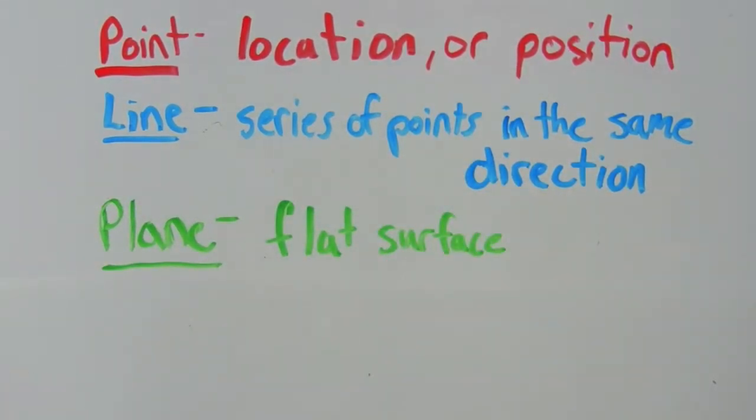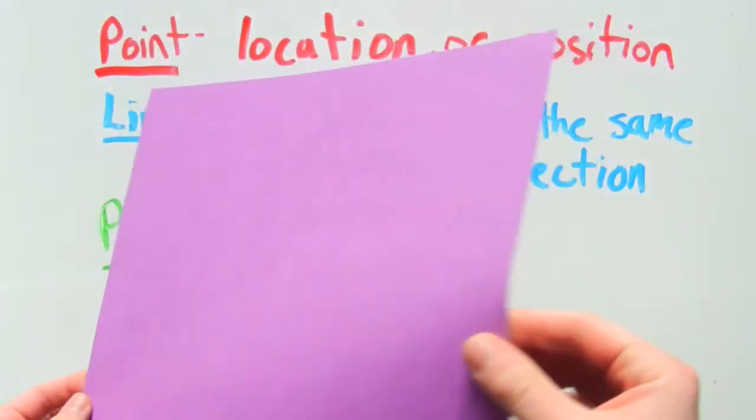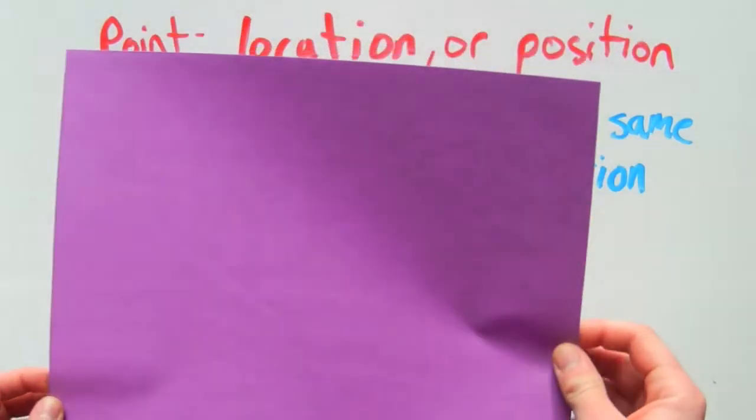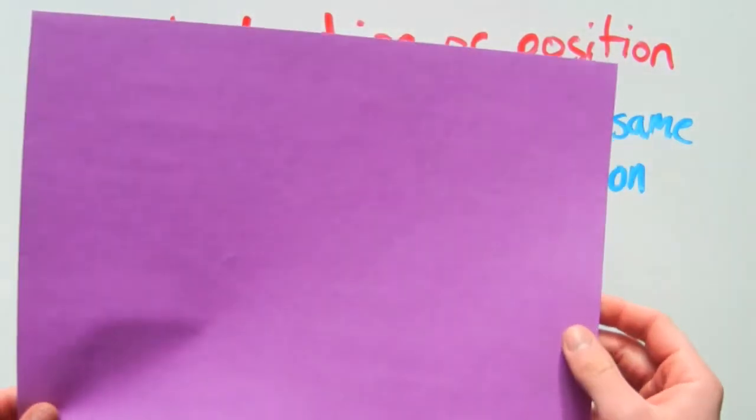And a plane is simply a flat surface. The best way to think about a plane is to think about a flat surface, or a piece of paper. This piece of paper is made up of many, many points.